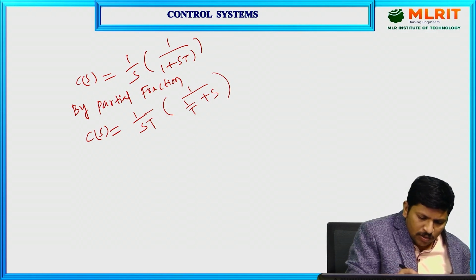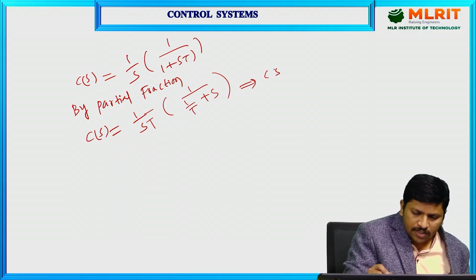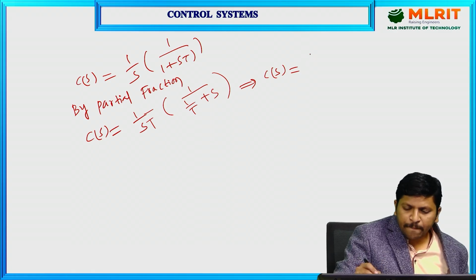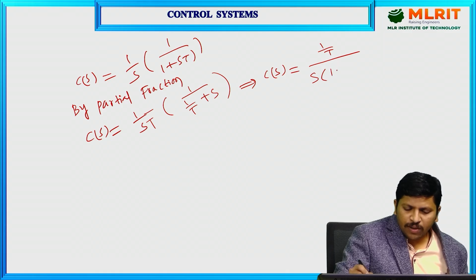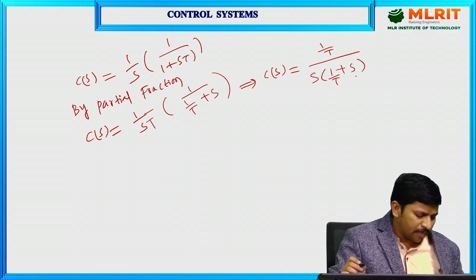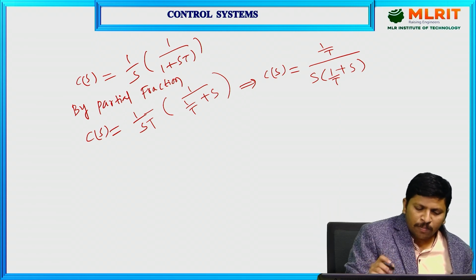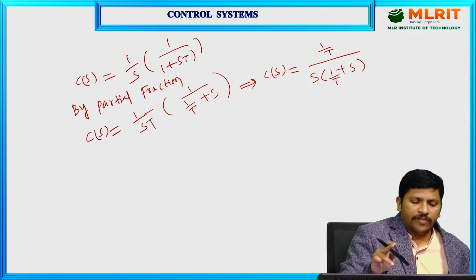Now I am going to write this equation directly: C of s equals (1 by T) divided by s into (s plus 1 by T). Now I am going to apply partial fractions to this equation.